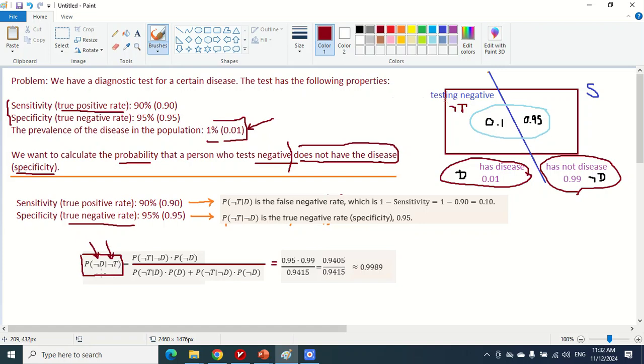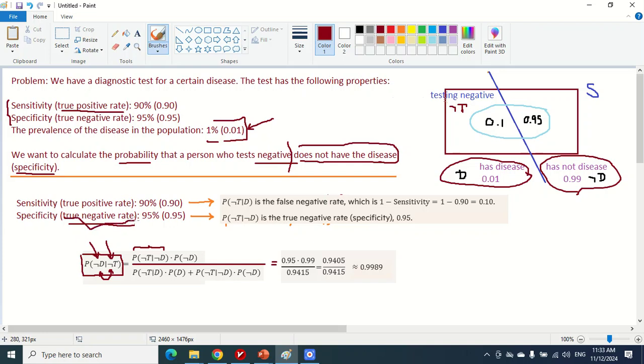To calculate this one, I just use the swapping case. What does it mean, the swapping case? The swapping case is the case where we swap the probability of not having the disease and the probability of getting a negative test, meaning the accuracy of the test, and it's indeed a true negative rate.